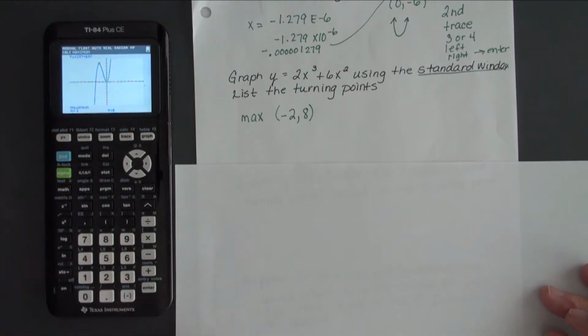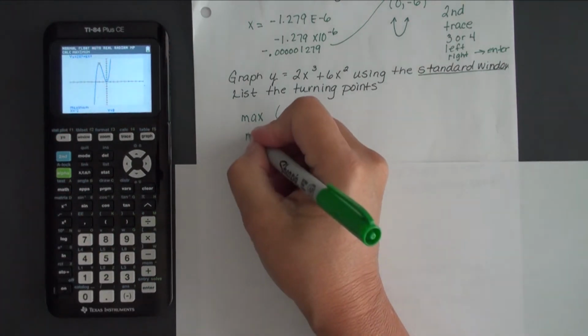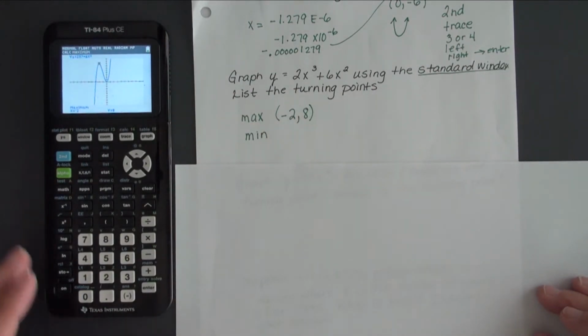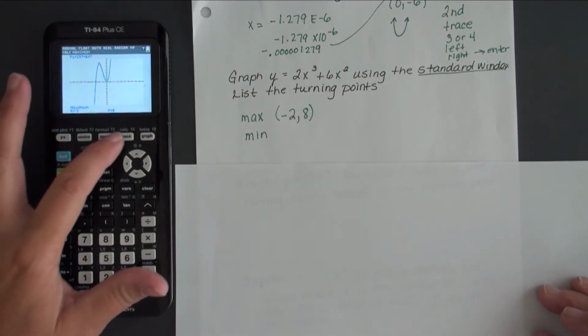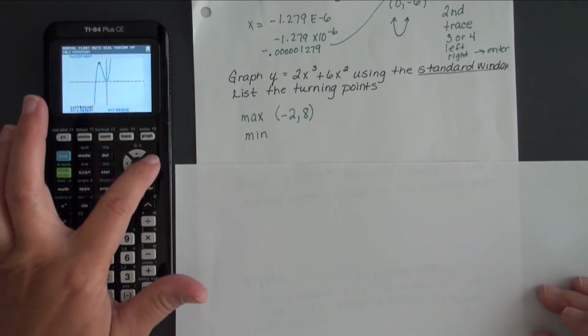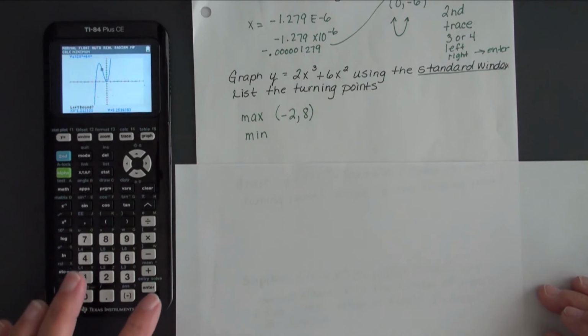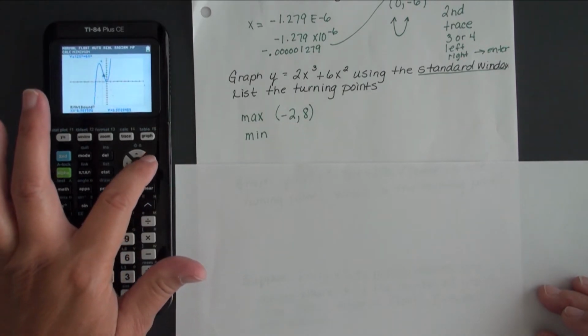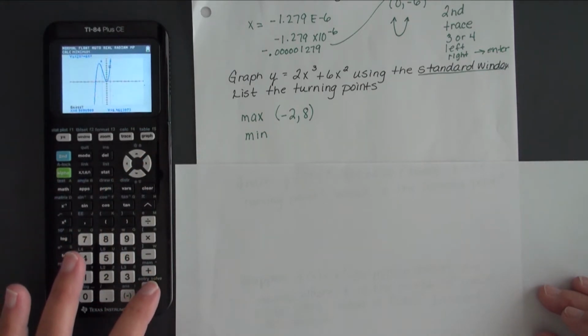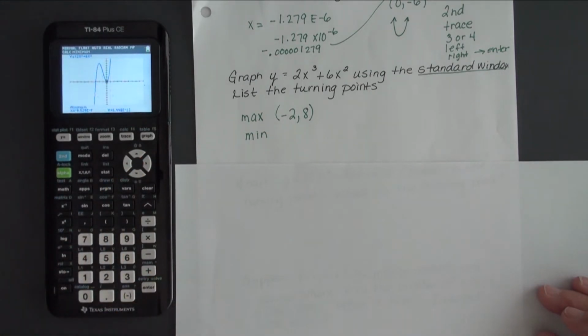The other point is a minimum. It looks like it's at 0, 0. But let's go ahead and go through the calculations. Second, trace, minimum. We want to be to the left of it, which we already are, so I'll press enter. Now we need to go to the right of it, and I'll press enter, and then I'll press enter again.